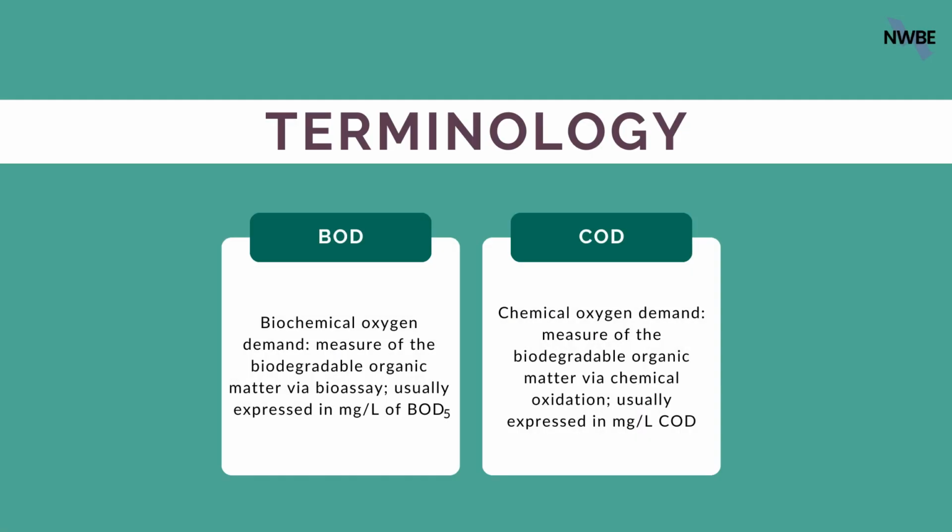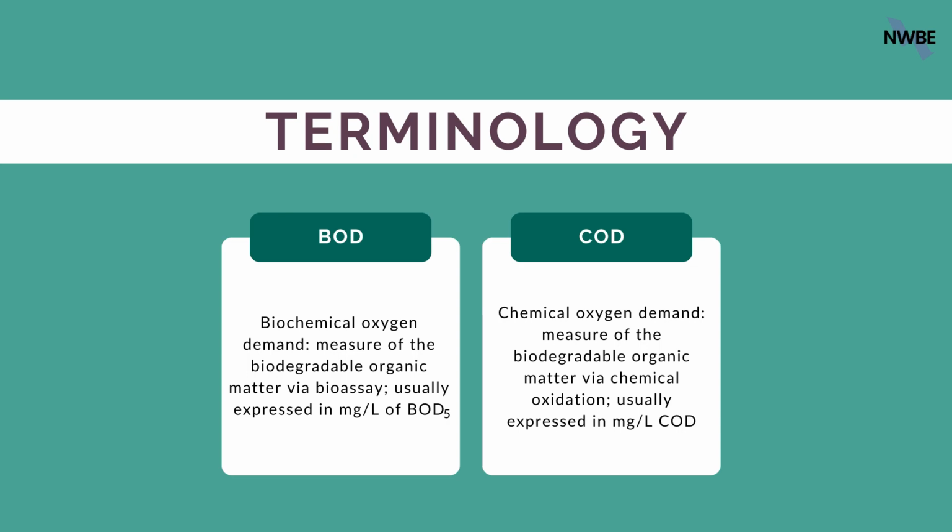BOD is biochemical oxygen demand, which is the measure of the biodegradable organic matter via bioassay, usually expressed in milligrams per liter of 5-day BOD. We often drop the 5 subscript from BOD and just assume that all BOD measurements are taken over 5 days. COD is chemical oxygen demand, which is a measure of the biodegradable organic matter via chemical oxidation, expressed in milligrams per liter of COD.